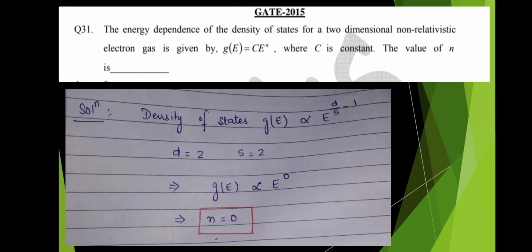I have also said to note down all those dependencies. So density of states is proportional to E raised to power d by s minus 1. Plugging the values, you get the density of states proportional to E raised to power 0, so n is equal to 0 in this question.